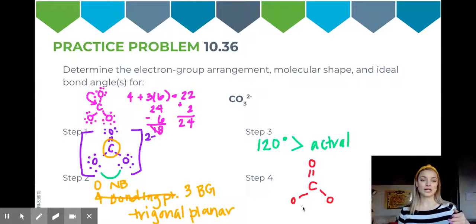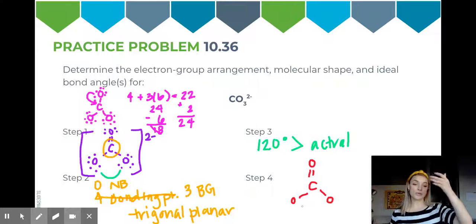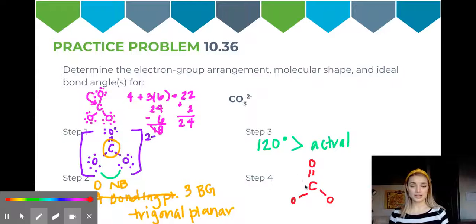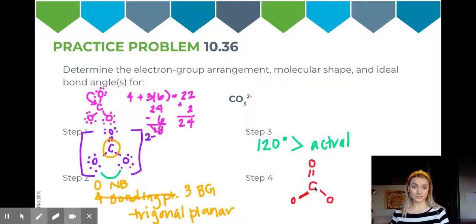We're not going to need dashed or solid wedges because all 3 of these are in the same plane, remember. And I apologize, that is not a great straight line. There we go. That looks more like a solid line. So we have our carbon and our 3 oxygens bonded. We do need to include our valence electrons.